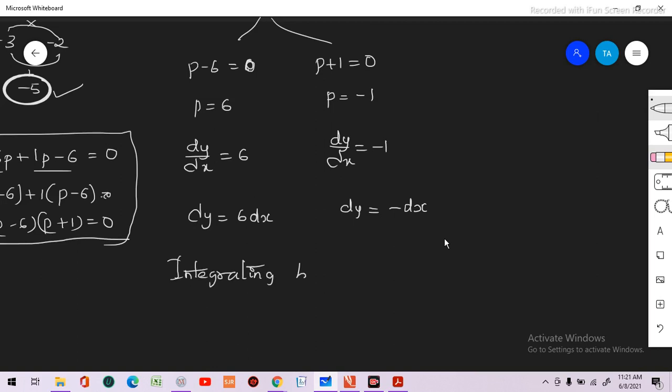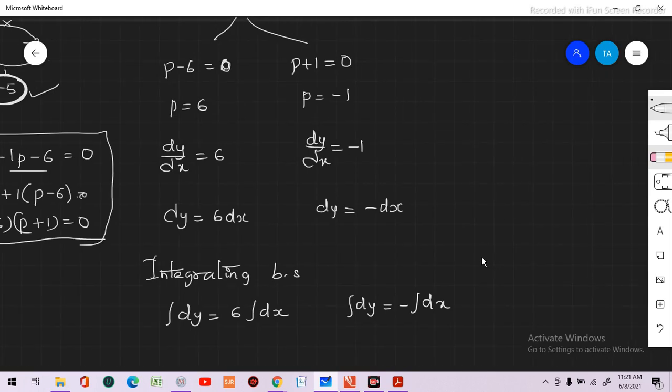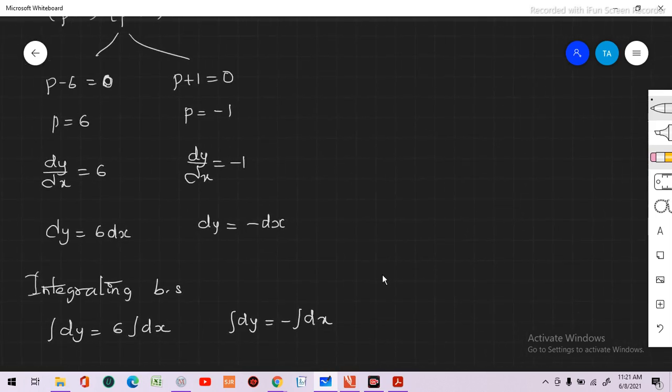Integrating both sides, what do we get? Integration of dy is equal to 6 times integral of dx. Here integration of dy is equal to minus integral of dx. Now this implies y is equal to 6x plus c.